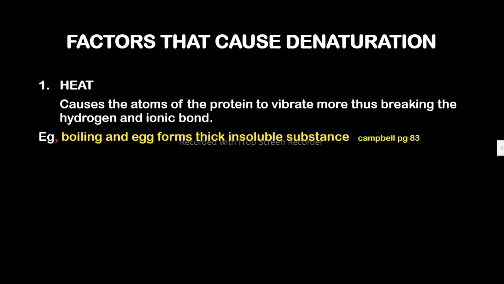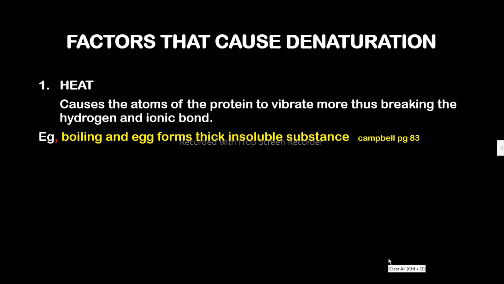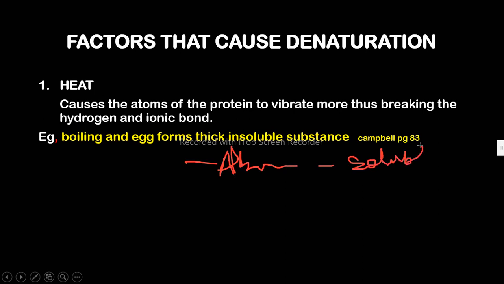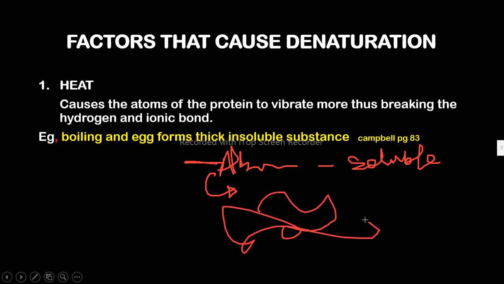Now, the protein within an egg, the albumin, is a globular protein, and it is soluble. But when it is denatured, it loses its 3D shape and forms something, and this something is insoluble.